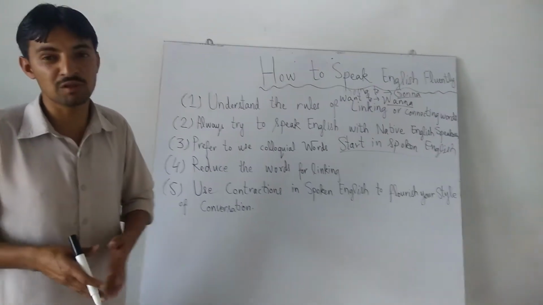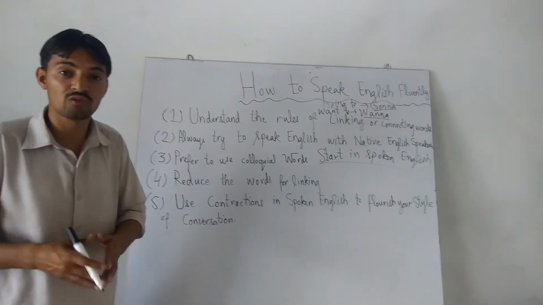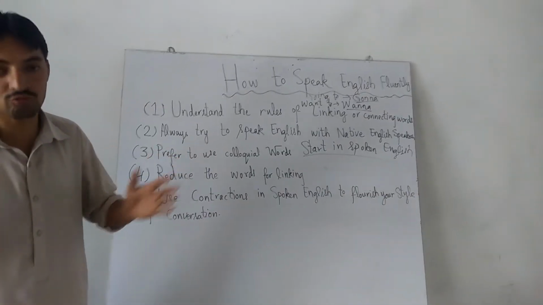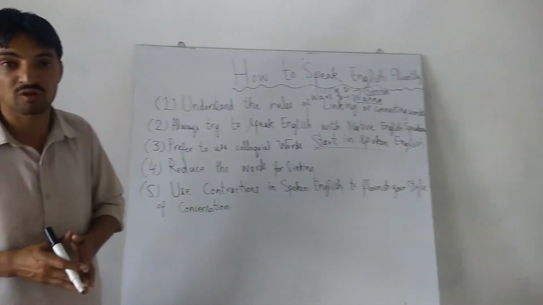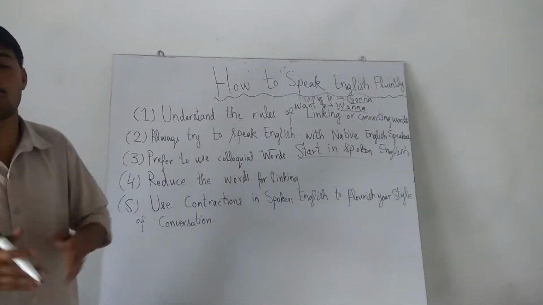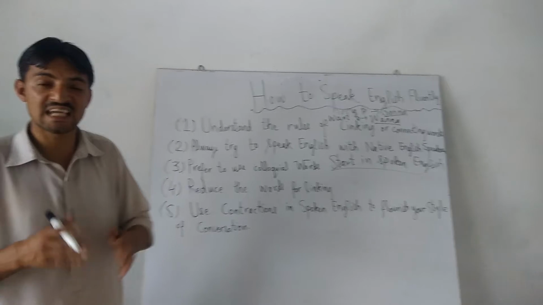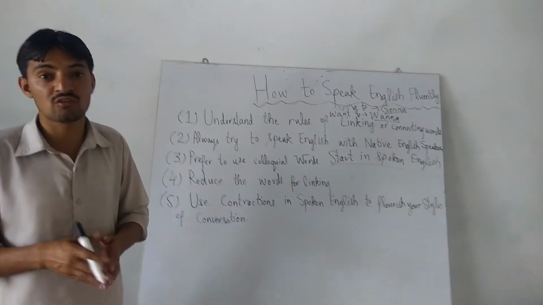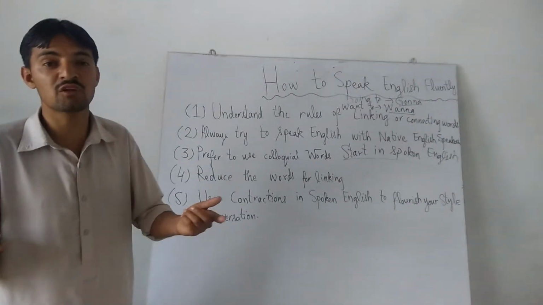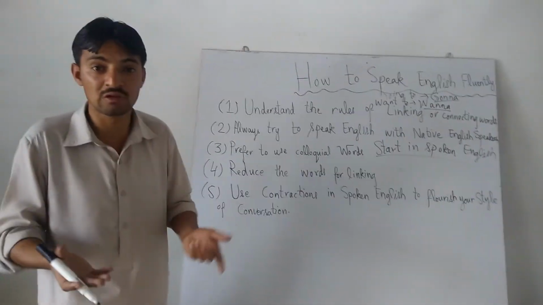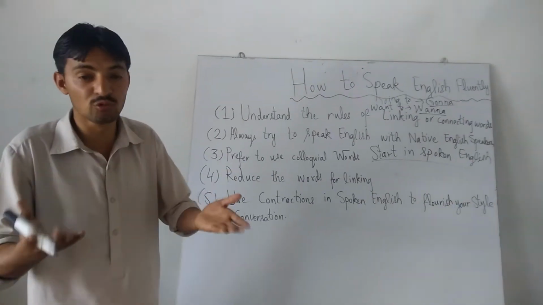Just like native English speakers, they use very short forms rather than long forms. We speak English, but we always use long forms. So it is a must to use short forms in spoken English. Then you do sound like a native English speaker. Native English speakers speak English very fluently and naturally because they have their own rules.